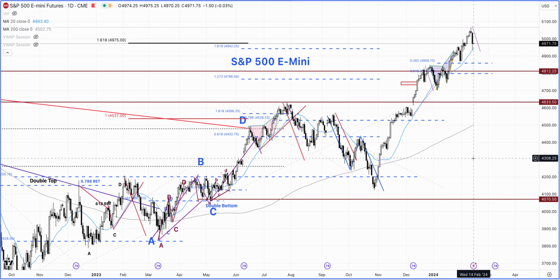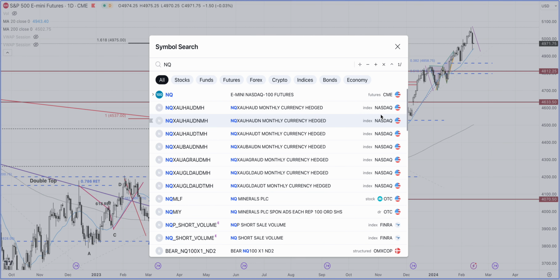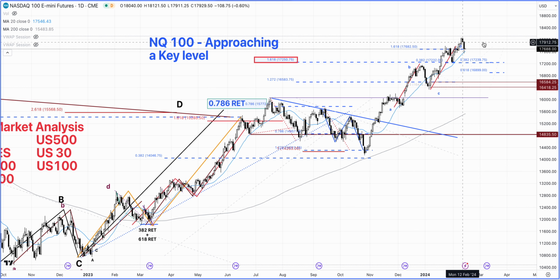Okay, with that, let's take a look at the NQ. Here we copy this and see what the price did today. It retraced by about the same amount that it had done.